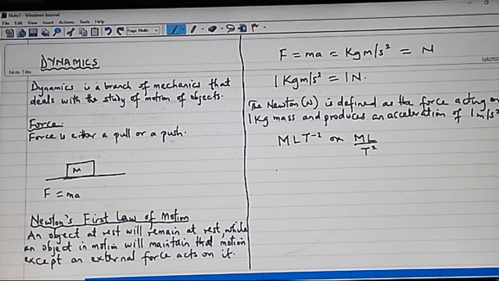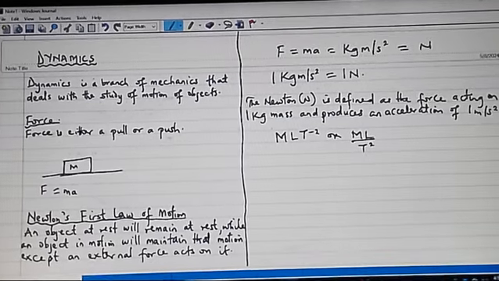So let's look at Newton's second law of motion. I'm just going to state that law straight on.